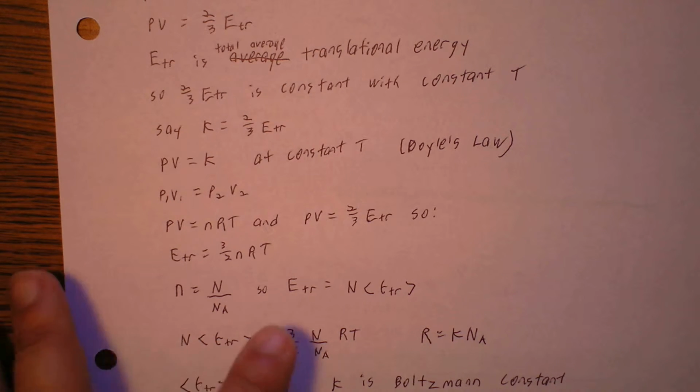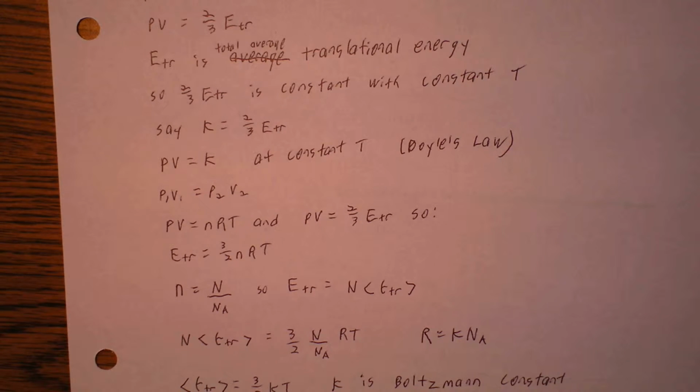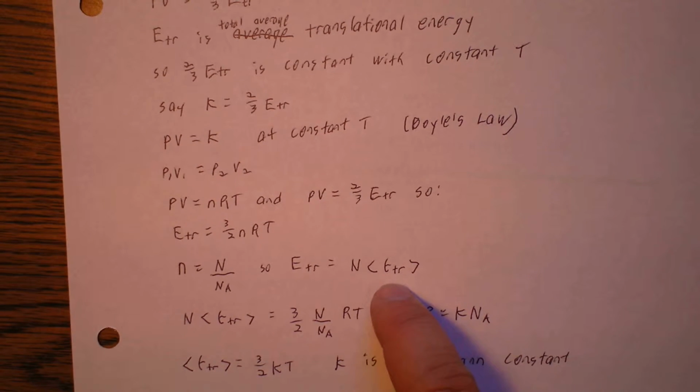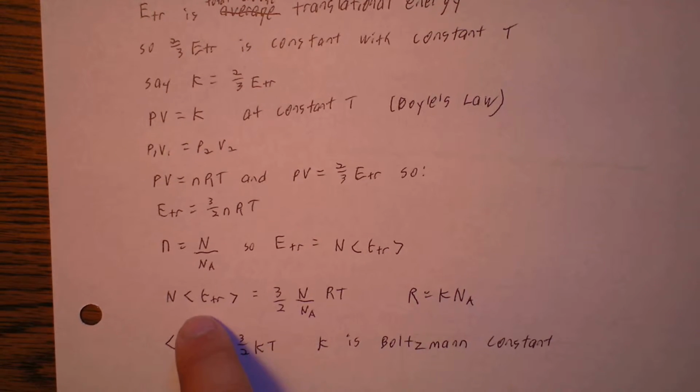So the total average energy of translation is going to be equal to the number of molecules times the average energy of translation for each atom or molecule.